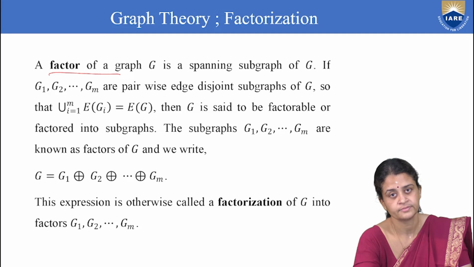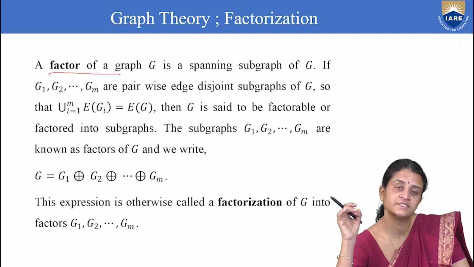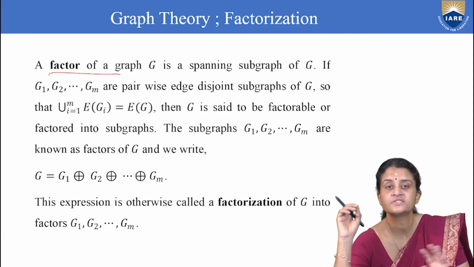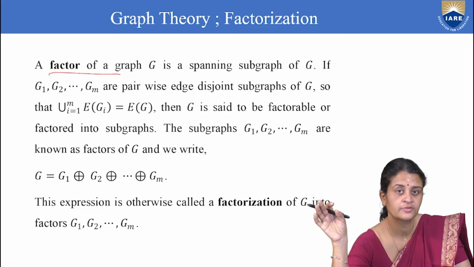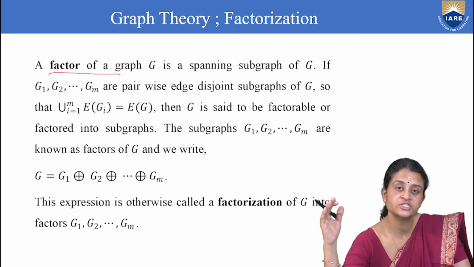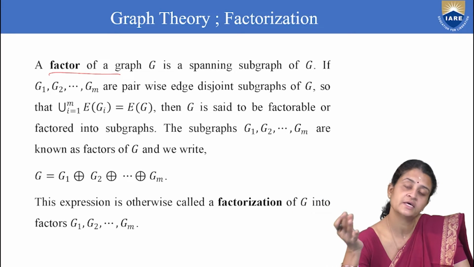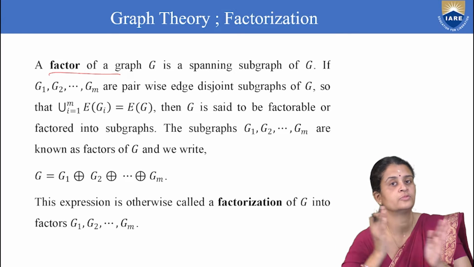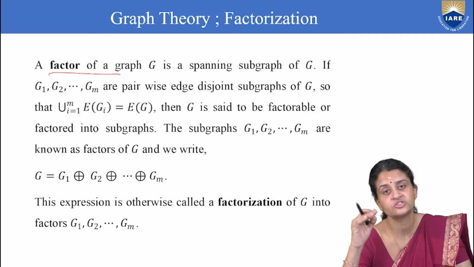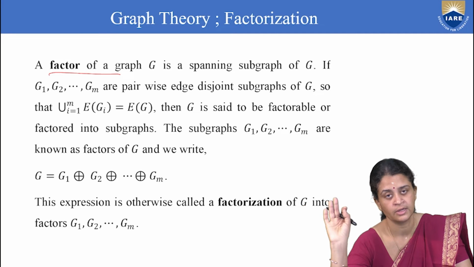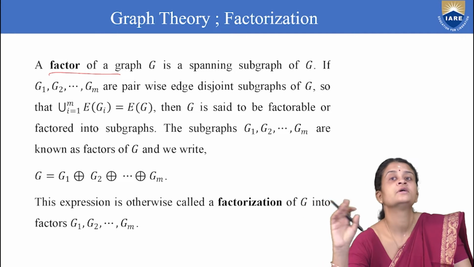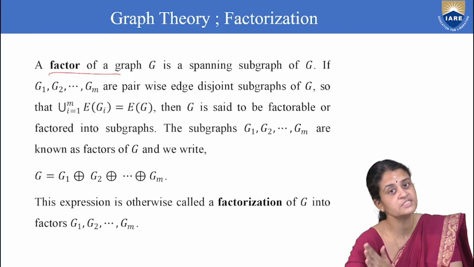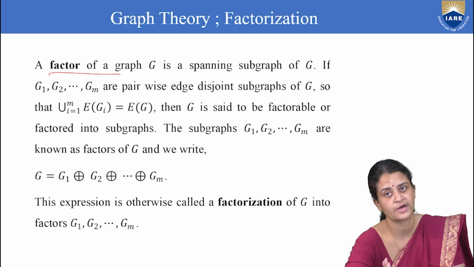If we can find spanning subgraphs, that means all these subgraphs contain all the vertices of the given graph, and they are edge disjoint, and the union of the edges of these edge disjoint subgraphs constitutes the edges of the given graph, then we say that the given graph G is factorable or factorized into factors.